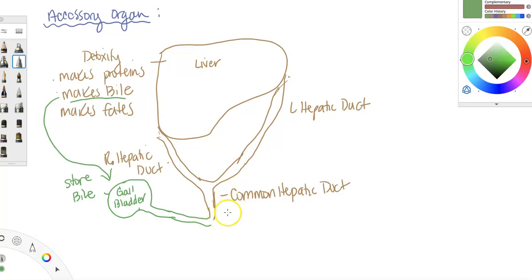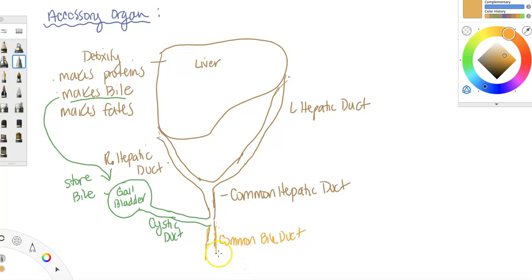And from this duct, which is called the cystic duct, from there down, it becomes the common bile duct. From here down, now it's the common bile duct.